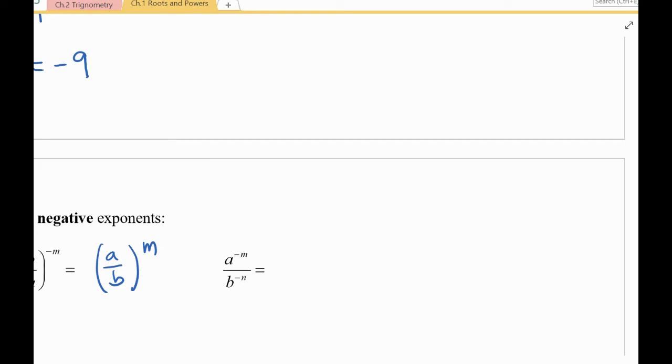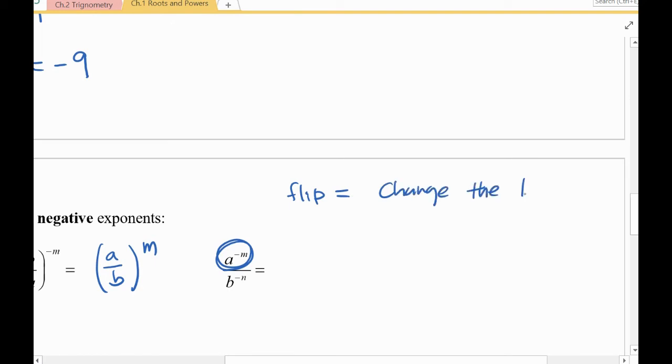I have a negative exponent in the top and in the bottom. In this case, everyone, when you have negative exponents in the fraction, what you do is change the location. So flip is actually the same as change the location.